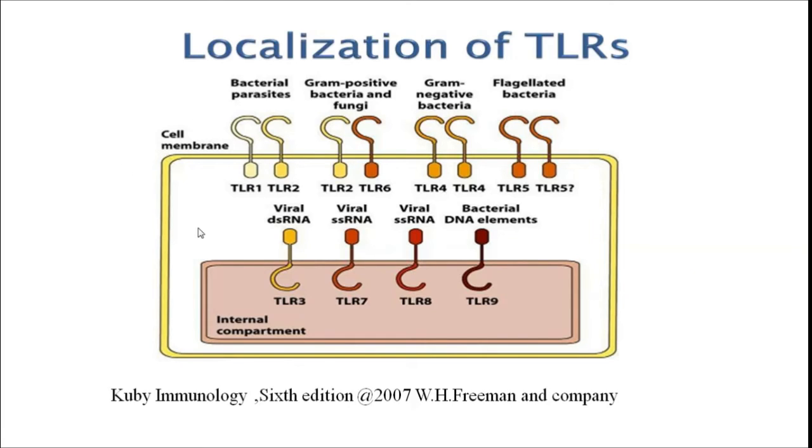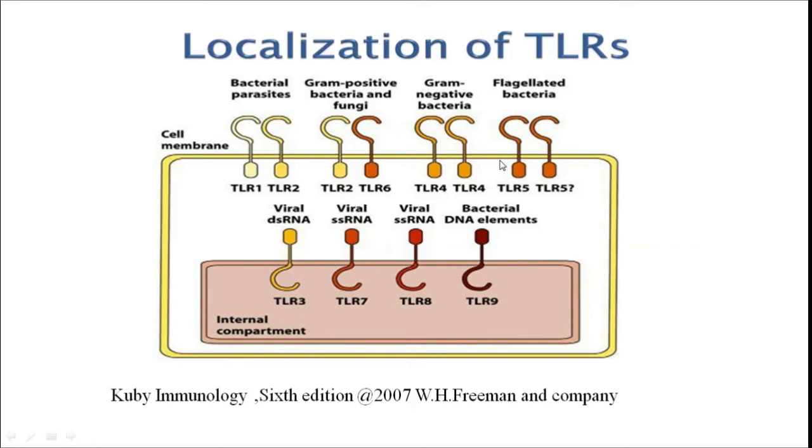Toll-like receptors 1 and 2 are mainly present on the cell surface and are involved in the recognition of bacterial parasites. Toll-like receptors 2 and 6 are mainly involved in the recognition of different components of gram-positive bacteria and fungi.